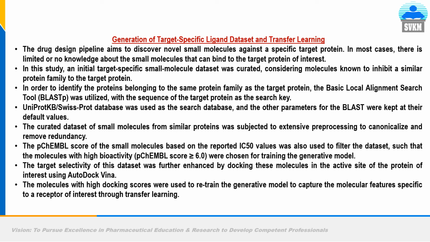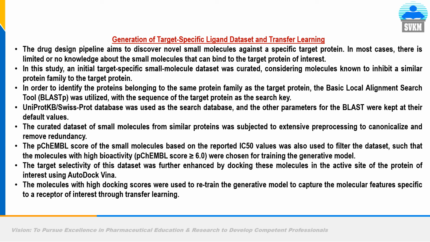In that case, you have to train the model using a huge amount of somewhat correlated dataset, but then you have to transfer the learning. In this study, an initial target specific small molecule dataset was curated, considering molecules known to inhibit a protein family similar to the target protein.